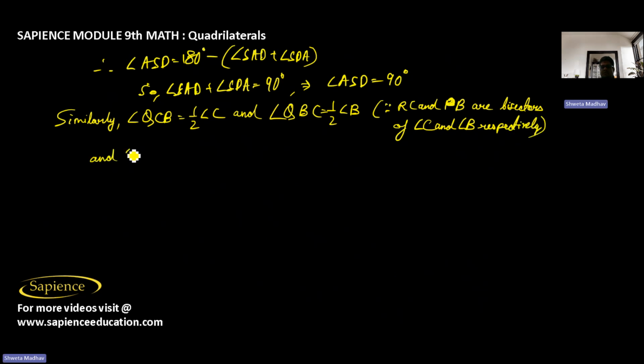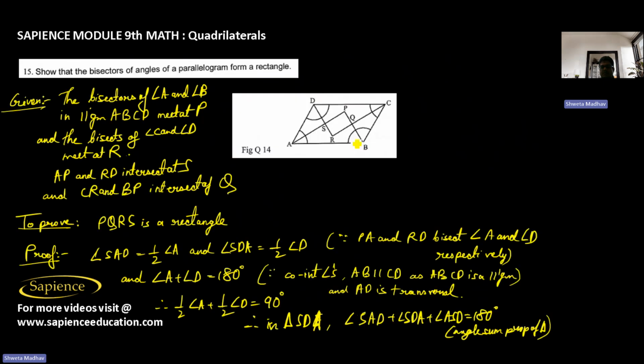And also angle B plus angle C is equal to 180 degrees, since they are co-interior angles.